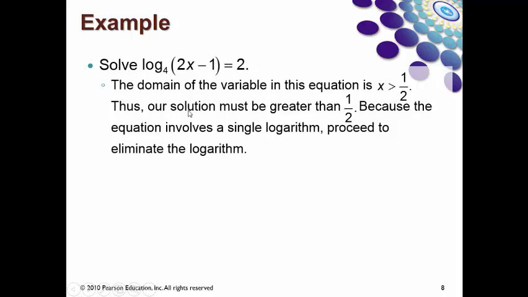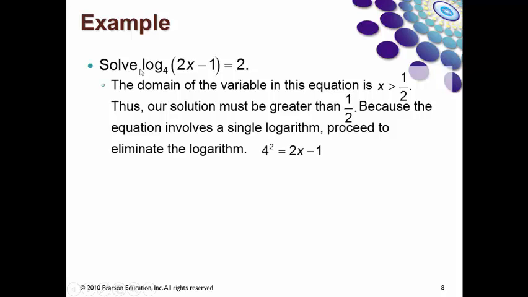When we simplify that, we find out that x needs to be greater than 1/2. So whenever we get a solution, we have to make sure that any solution we get is bigger than 1/2. If it's not, we have to reject the solution.